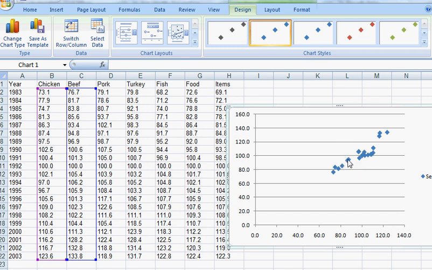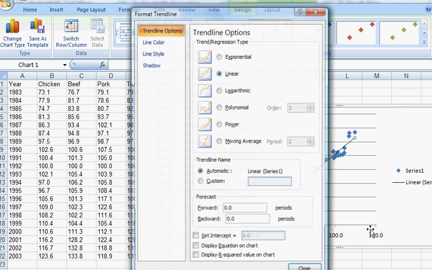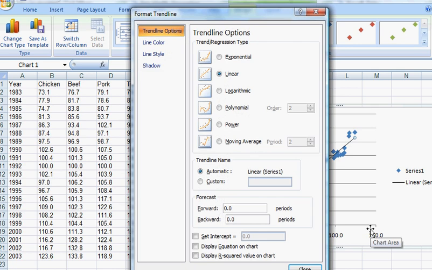We can put a trend line on this by clicking on any particular point. It doesn't matter which one, as long as it's one of the data points. Go down to Add Trend Line, and a dialog box appears. Now we have various choices like exponential, etc., which you're very welcome to try. But let's just keep to linear for the moment.